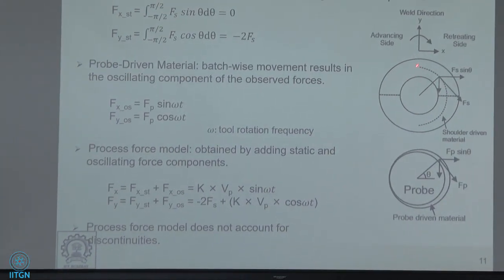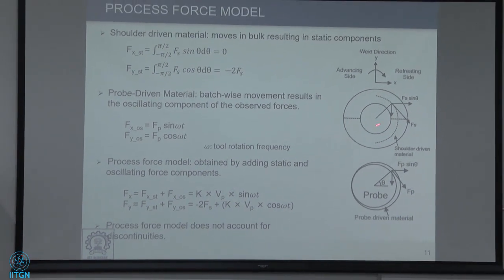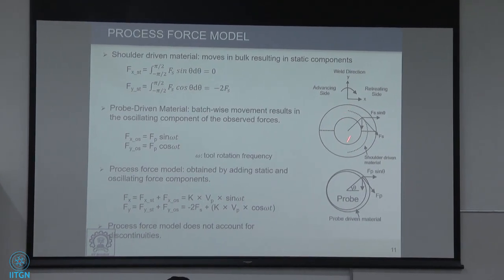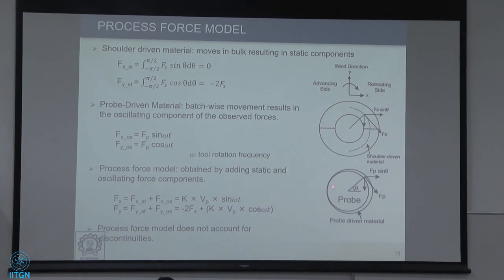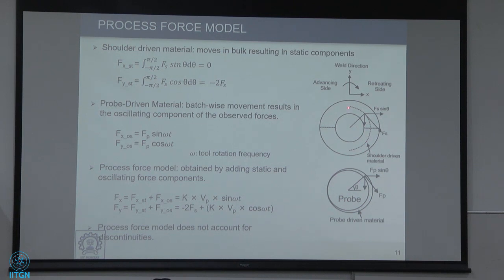This bulk of material has to move with respect to this axis from minus pi by 2 to plus pi by 2 rotation, and for this center of mass movement of pi by 8, we can see a static signal. And then for the pin driven material at any given location theta, which can be represented as omega t, at any given time we could get an expression here which will capture the cyclic nature of the force variation.